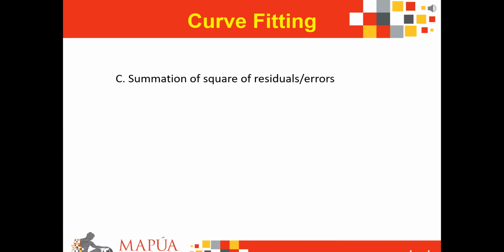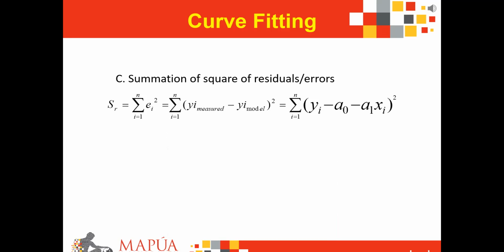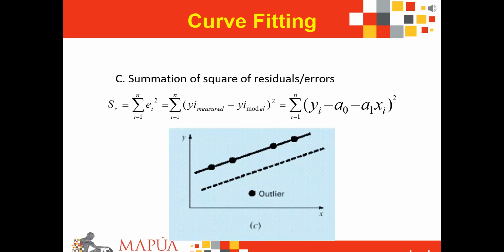Hence, finally, we simply square the residuals and then sum them up, ending up with this particular formula for your summation process, which gives us a unique straight line that will be produced from any given set of data. Note that this criterion is affected by outliers.